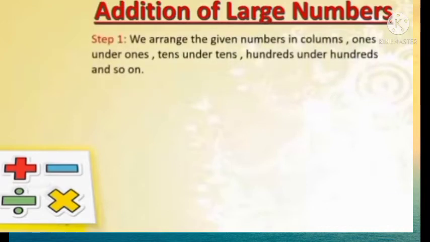In class 4, we have already learnt the addition of 2 or more numbers by arranging them in vertical column. Let us practice it with large numbers. Step 1. We arrange the given numbers in columns: ones under ones, tens under tens, hundreds under hundreds and so on.